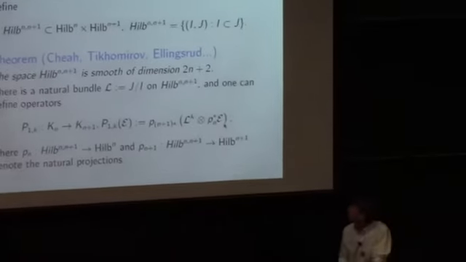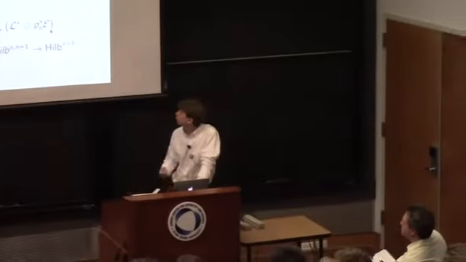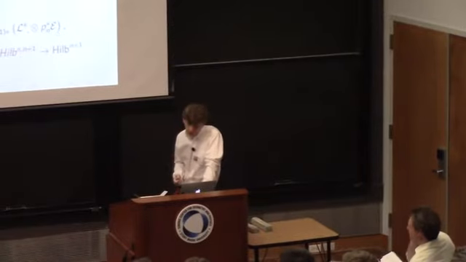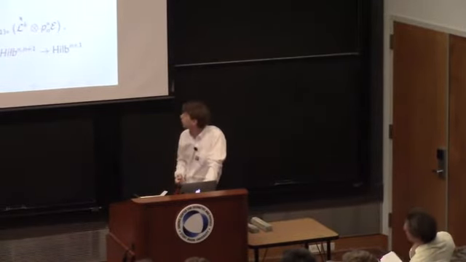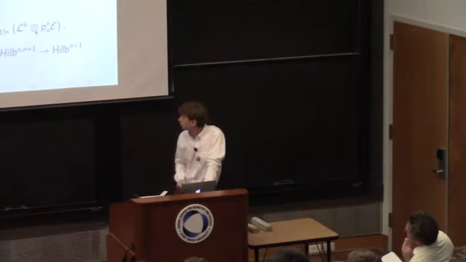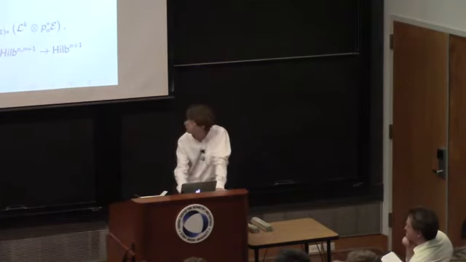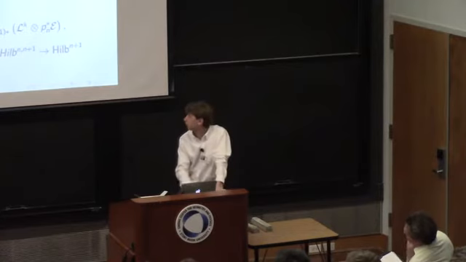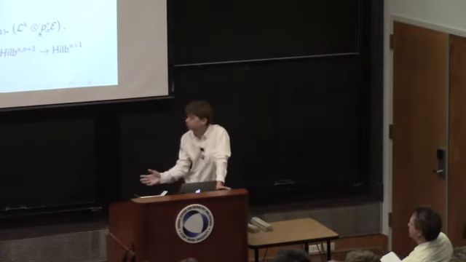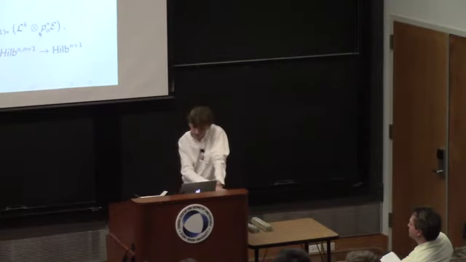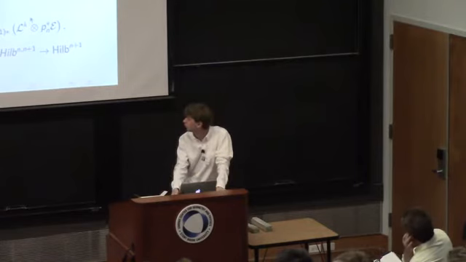Then we can pull it back to the correspondence, twist it with some power of the line bundle, and in principle this k can be chosen arbitrarily, and then push it down to the Hilbert scheme of n plus 1. So this defines some operators which I will denote by P_{1,k}. And the notation will be clear. So again, the more classical object would be the same thing without twisting by the line bundle. This is used all the time in the Hilbert schemes, but if we choose different k, we get in principle different operators, and all of them are quite important.